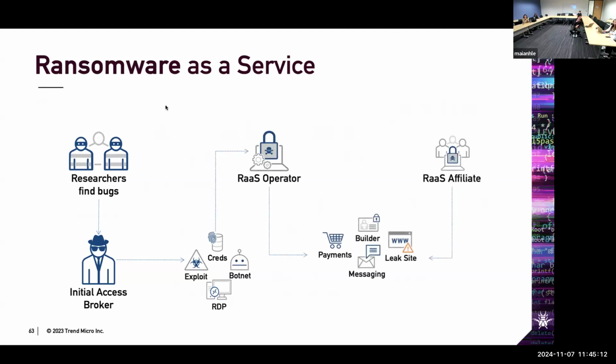So really, it's a direct value chain that's very efficient in monetizing security vulnerabilities. And that's thanks to the invention of cryptocurrency, where you can monetize your breach very easily.